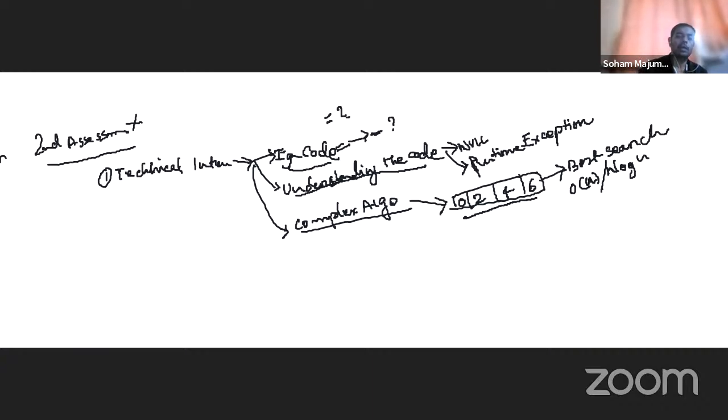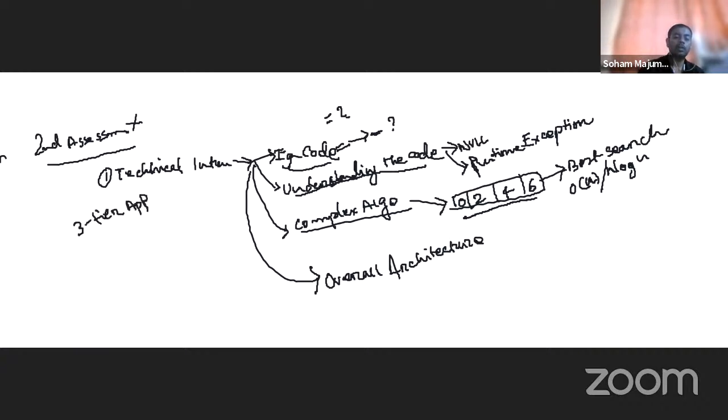And then also they will try to understand the overall architecture. Mostly here you will have a 3-tier app. So basically you will have your users joining in from a browser, let's say Chrome or Edge or Internet Explorer, and then they will hit your page.